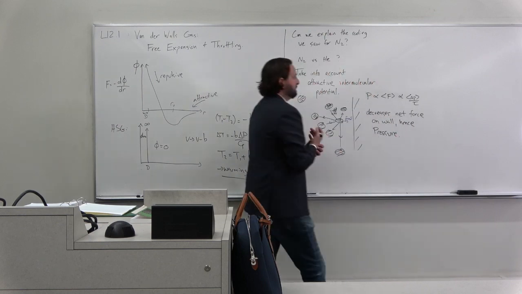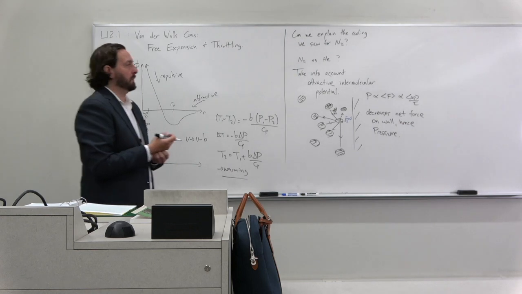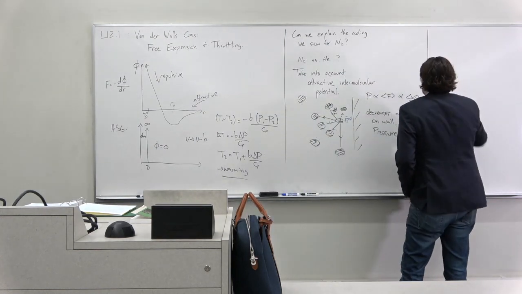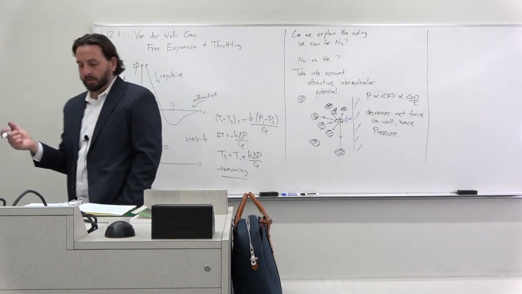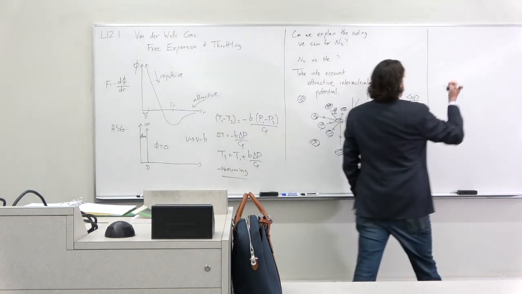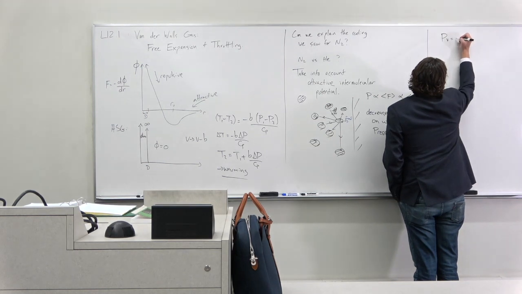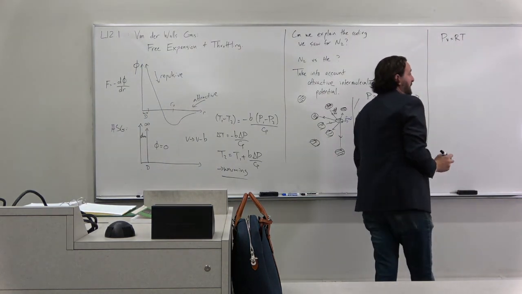Okay? So let's come up with a phenomenological way to imagine writing our equation of state where we're going to decrease the pressure. Remember, so far we had PV equals RT. I wrote this in terms of the molecular volume.